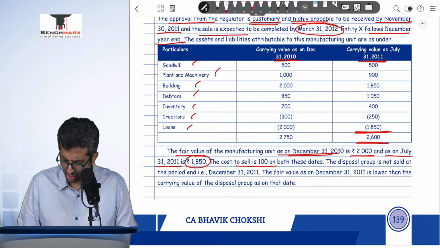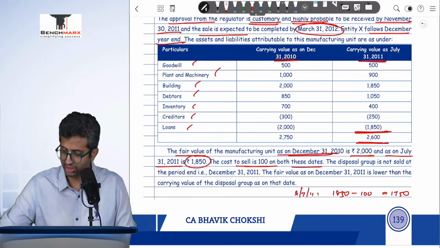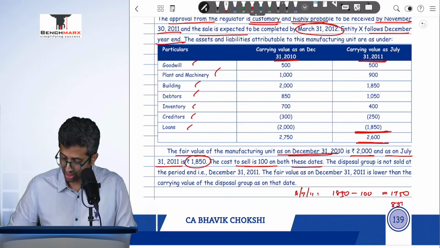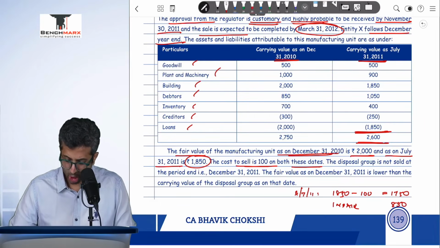The cost to sell is 100 on both the dates, which means on 31st July 2011, 1850 minus 100 will come to 1750. You will compare 2600 and 1750, which comes to 850. There's an impairment of 850.